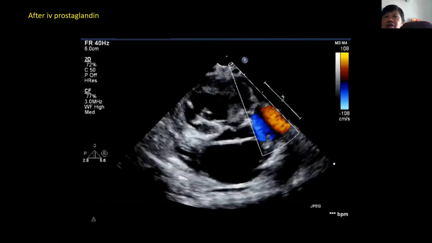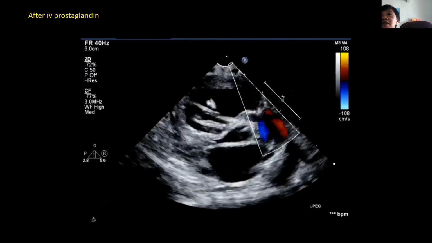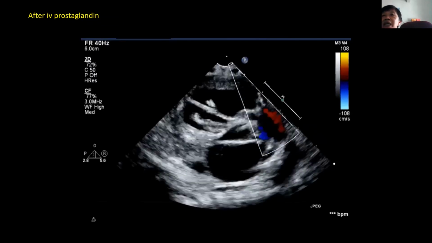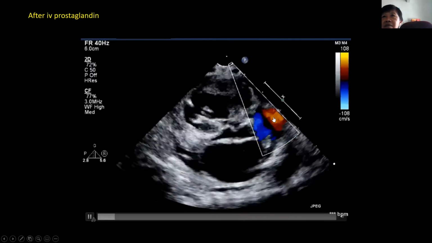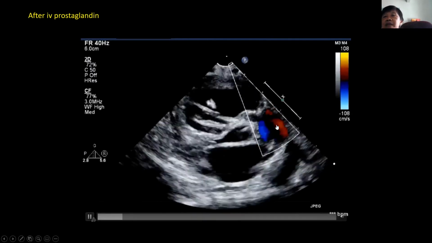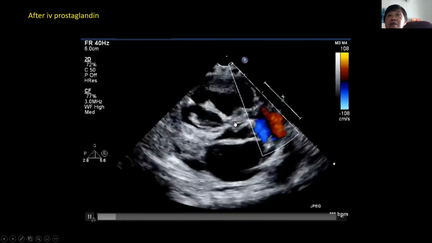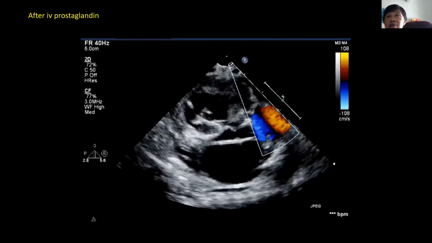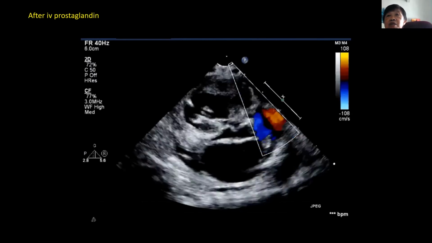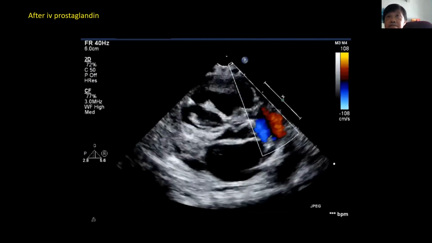So you start IV prostaglandin, and immediately you see the patient becoming pink. The SpO2 goes up to 80, 85, right? And this is the PDA that is being opened up by the prostaglandin. And so it's a life-saving procedure in this patient with critical pulmonary stenosis, where you then stabilize and send the patient for a valvotomy.